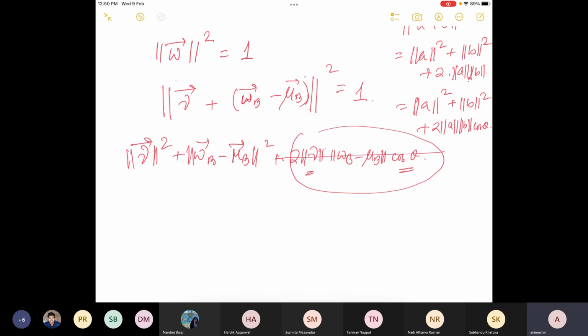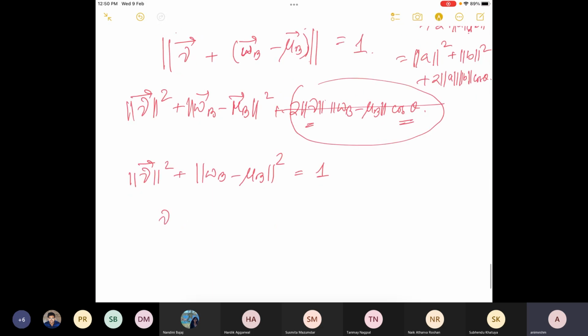So therefore, we want mu square plus WB minus mu B square to be equal to 1.